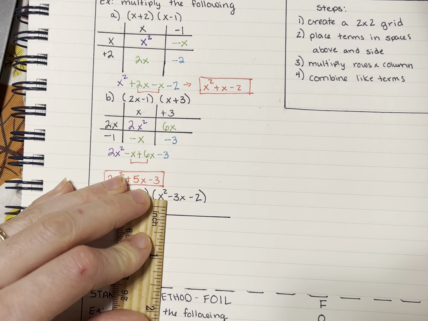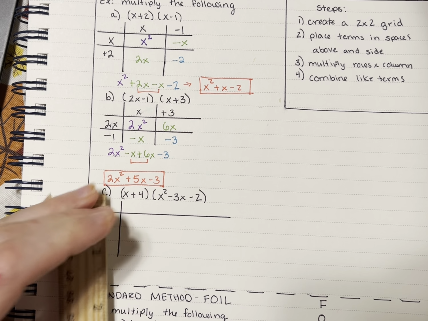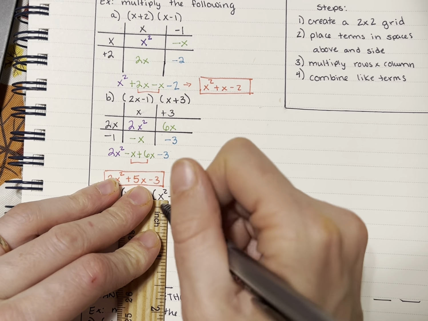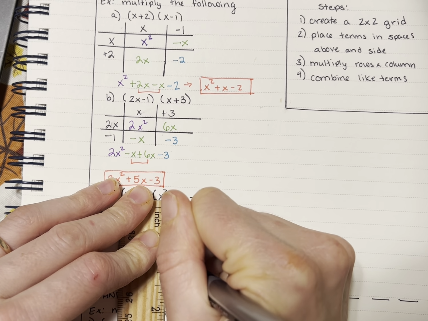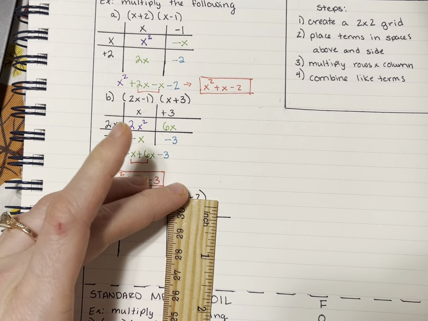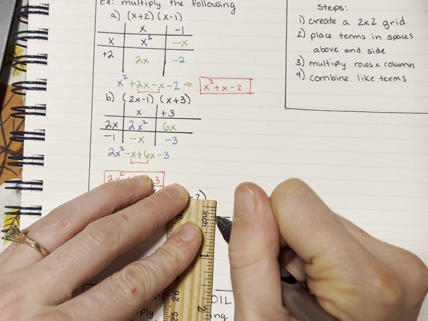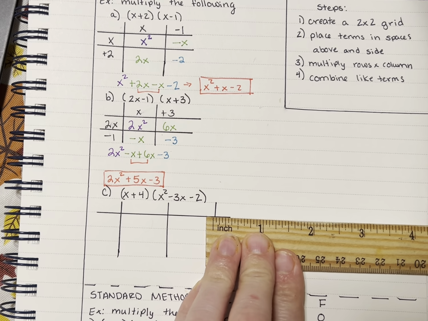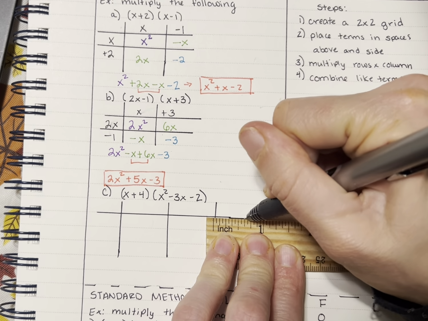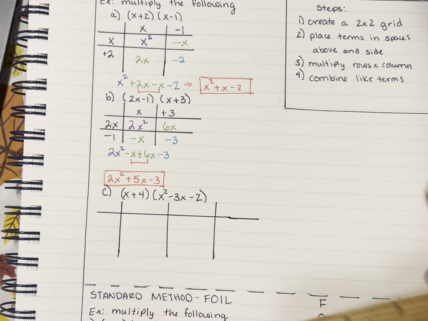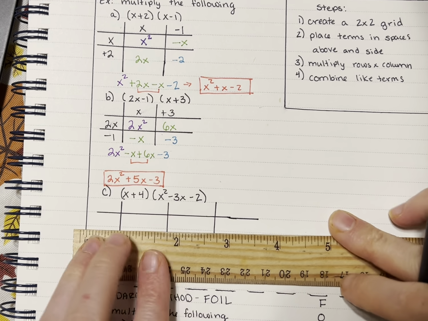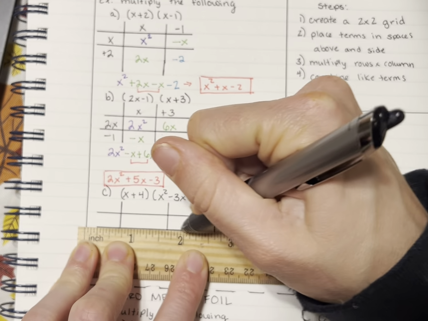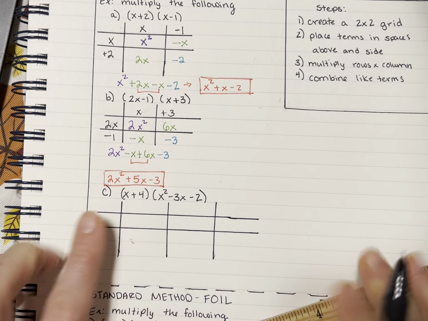The reason it's a 2 by 3 is because I still only have 2 terms with the first item, but on the other end, I have a trinomial, which has 3 terms. Expression, using our vocab. Okay, so here, and then of course, cut it in half like so. And yes, Miss A made it too long.